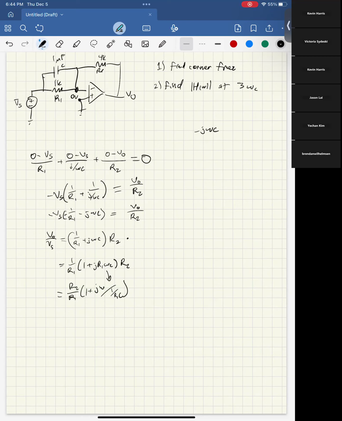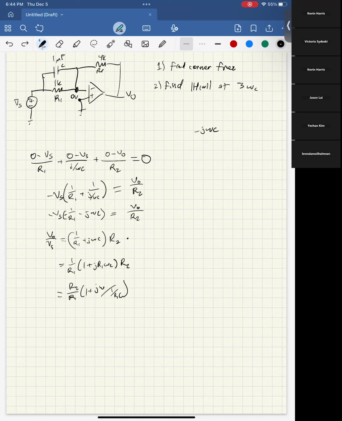And this step is just because we want to have this in the form of J omega over omega C, because this is our corner frequency. So that's going back to what was on the last quiz with corner frequency and standard form of a transfer function.